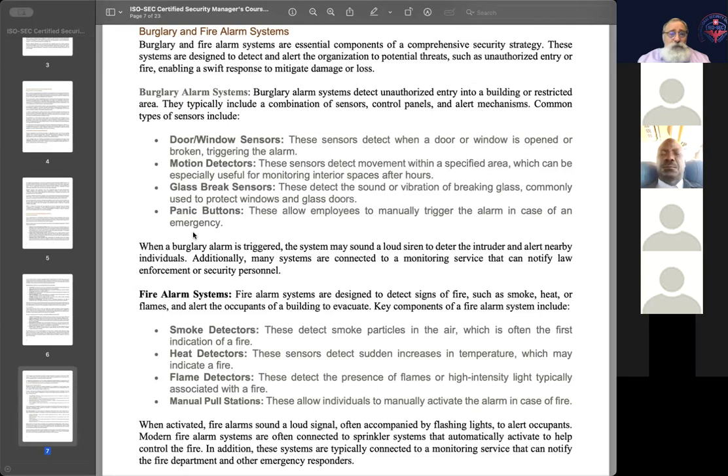Panic buttons. We have two or three different types of panic buttons. We have remote controlled. We have a panic button with a cable under the table. We have a panic button for the foot.